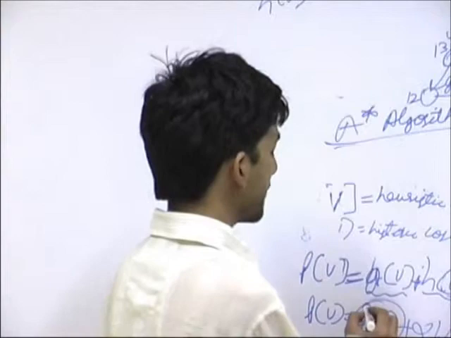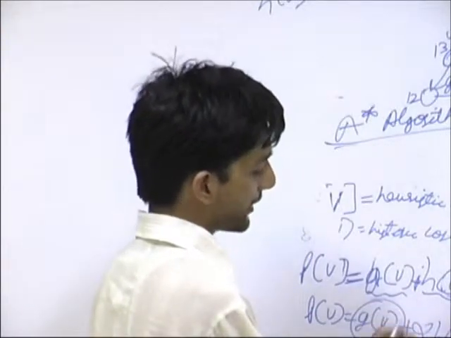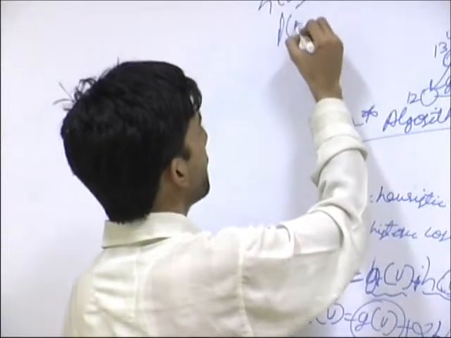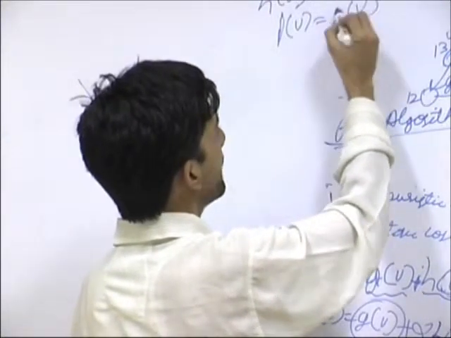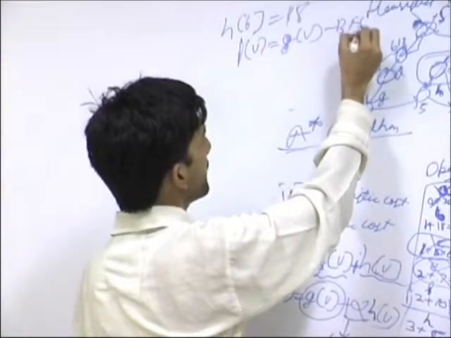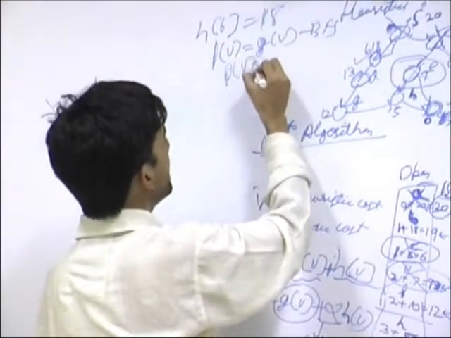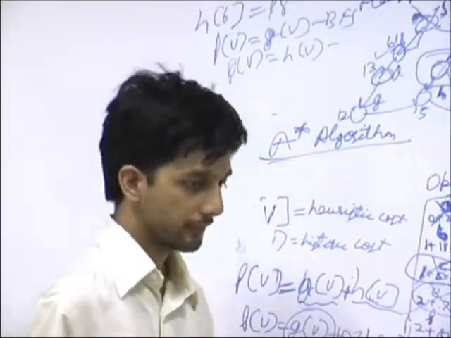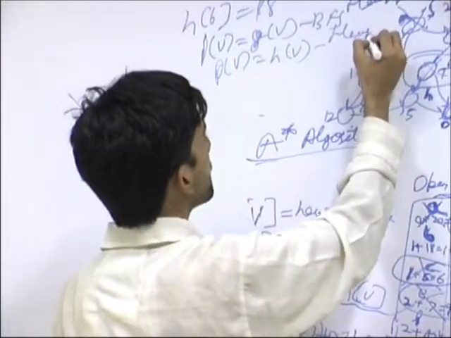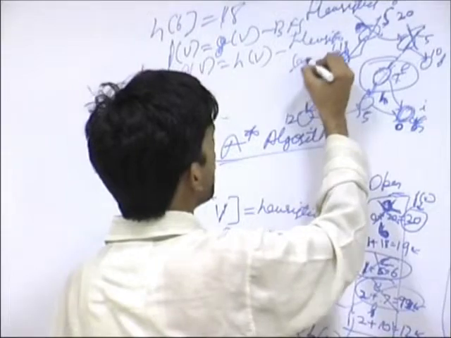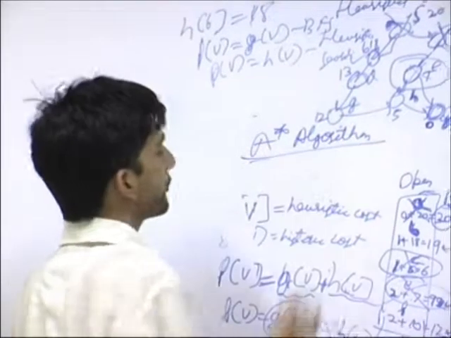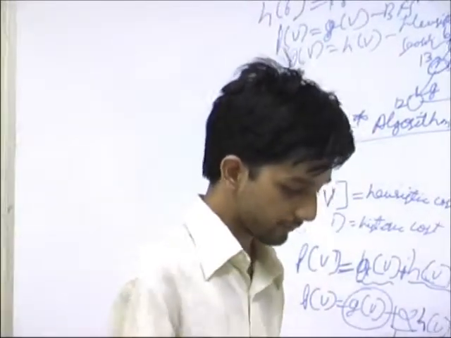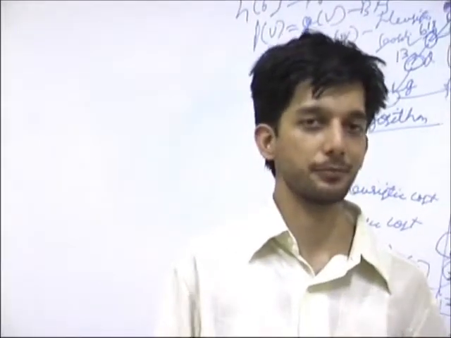If we do not consider Gv, we only consider Hv. The first thing I introduced was that if fv is nothing but Gv, this became a breadth first search. If I say fv equals Hv, this is known as the heuristic search, sometimes also known as the best first search, the best heuristic value first search.